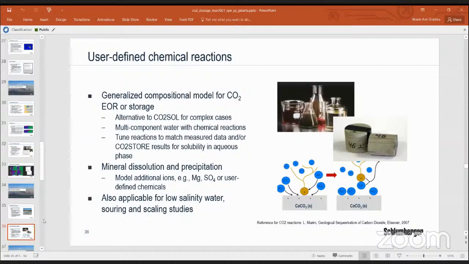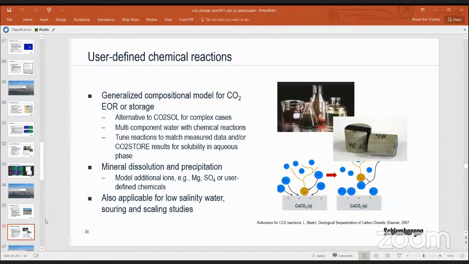If we want to go beyond the basic capabilities available in all those options, we can also use user-defined chemical reactions to make a more generalized model, possibly as an alternative to the CO2 sol option for complex cases. Here you would define explicitly what the composition of the brine is by using a multi-component water description.